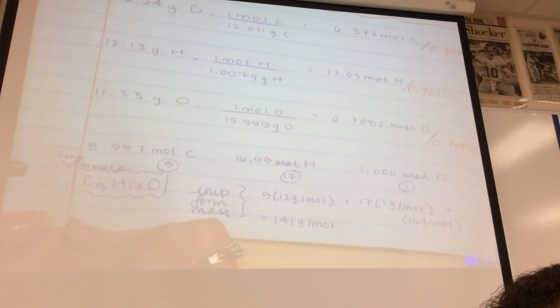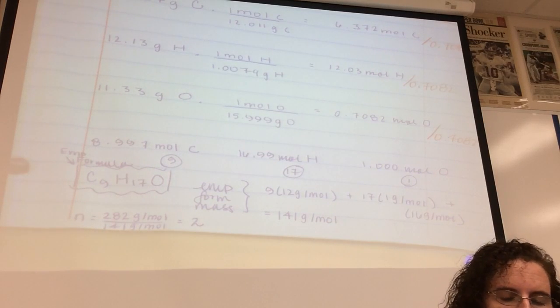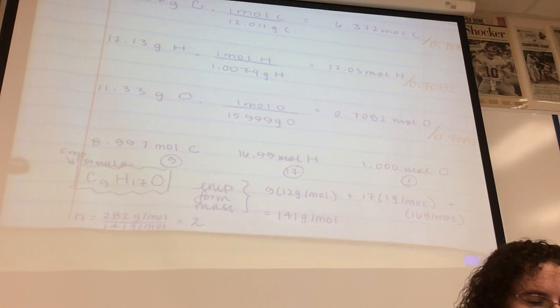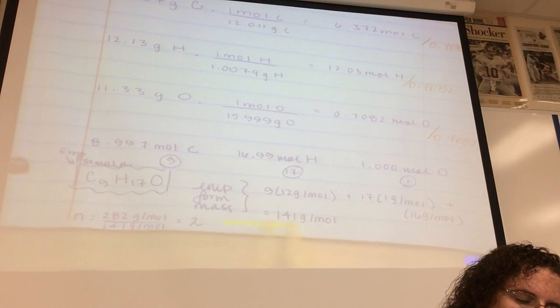Next, we're going to calculate N. N is the molecular mass that's given at 282 grams per mole over the empirical formula mass. And so that's 2. N is 2, a whole number. How do you get the molecular formula?